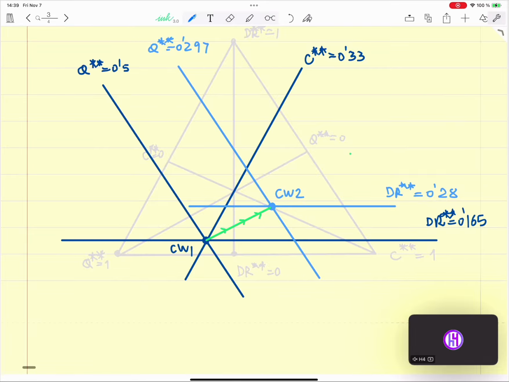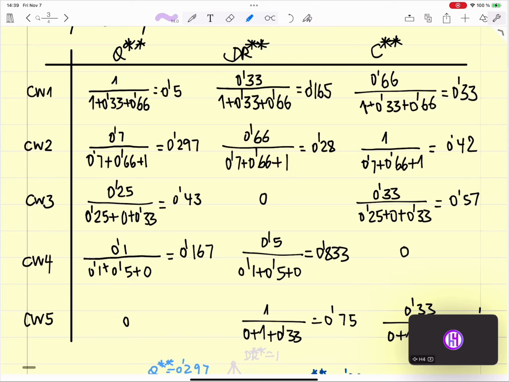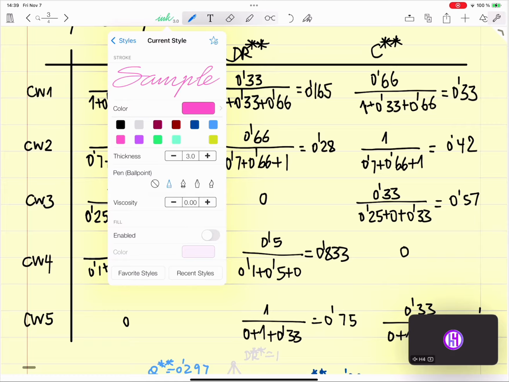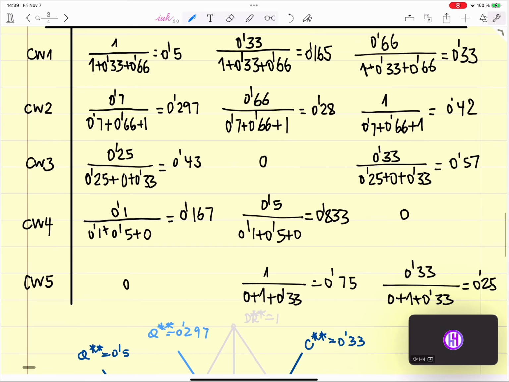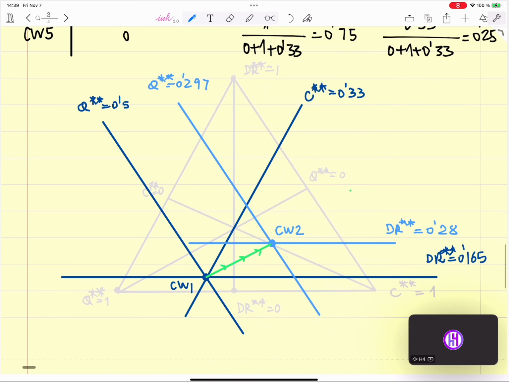Good. So whenever we have a point with a 0, we take that because this is super easy. It's just on the axis. So we take calendar week 3, the quality 0.43.